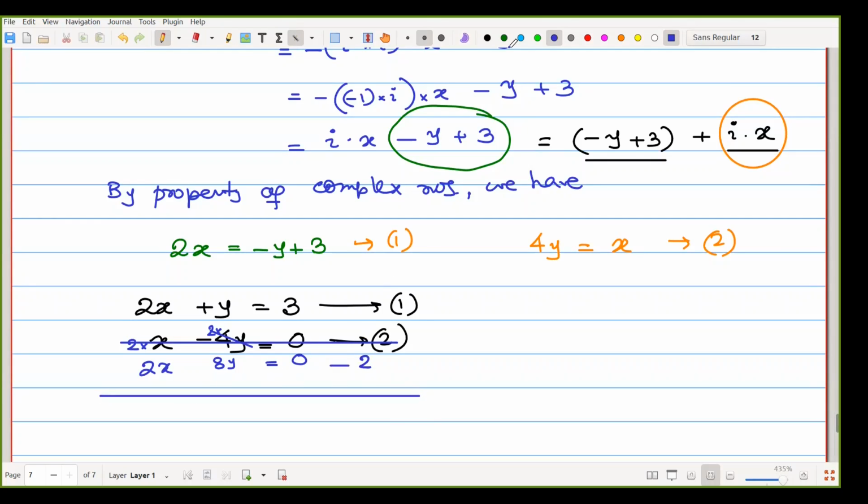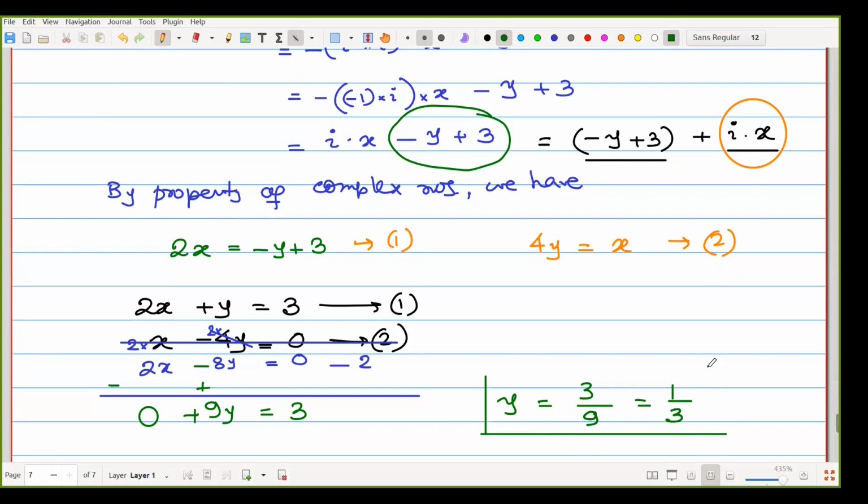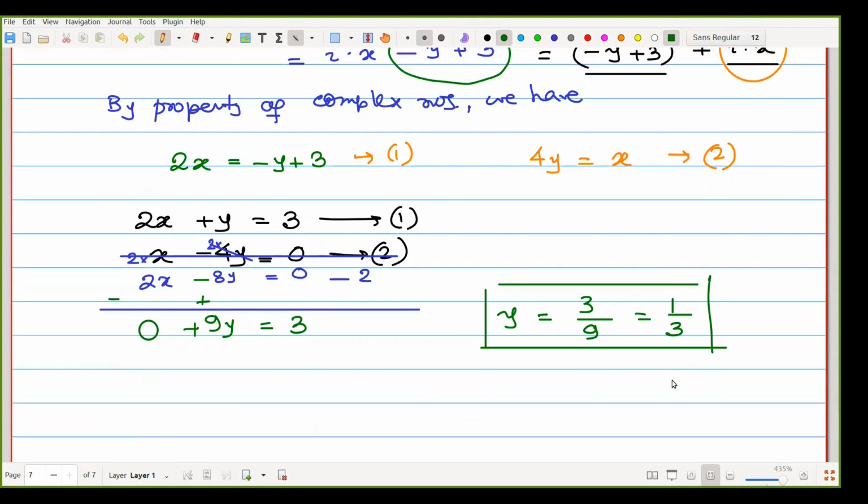Just from here, find out the value, subtract it, we are getting x as 0, eliminating x here. So that one was minus, so that is becoming plus, 9y is equal to 3, or from here we can get y is equal to 3 by 9, or 1 by 3. So that is the first one we have found, y is equal to 1 by 3.